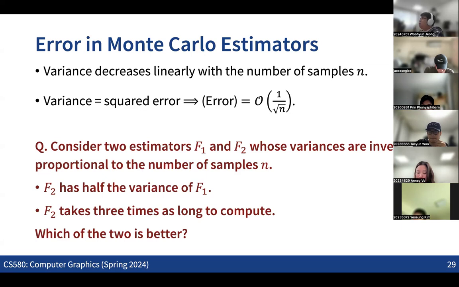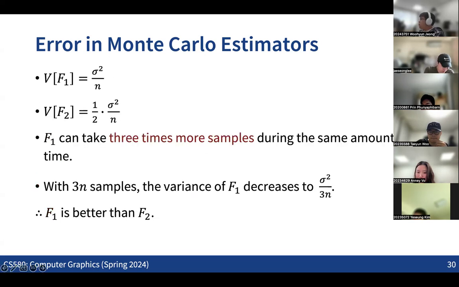Well, okay, one way we can think about this is like this. Let's say the variance of F1 is defined like this. Then the variance of F2 is half the variance of this one, so we get this for the variance of F2. But these are the cases when you have the same number of samples.